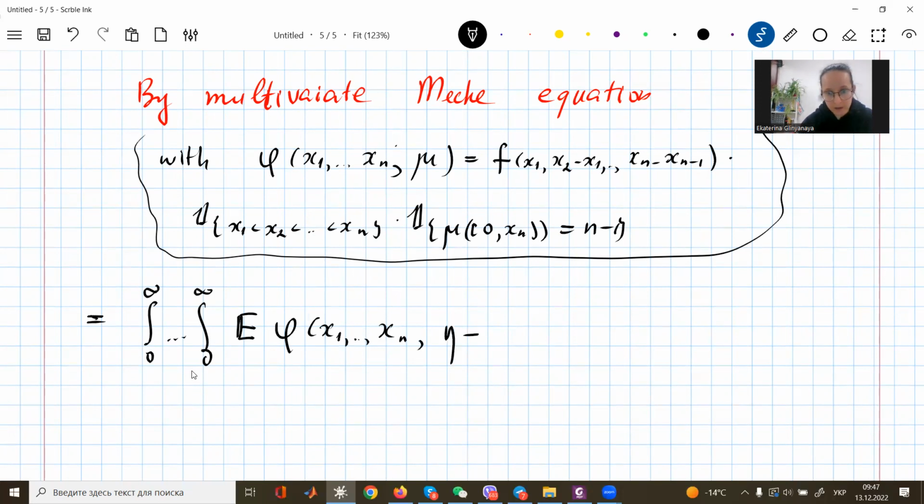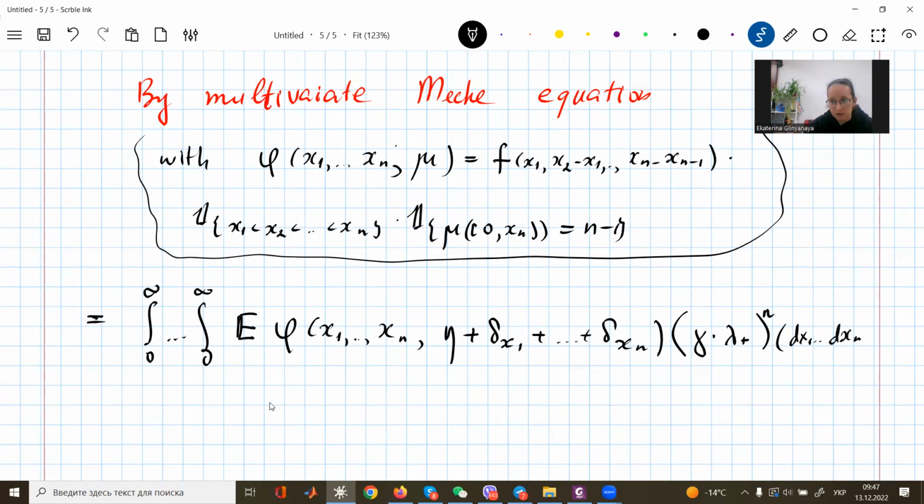Here we add delta measures at point x1 plus ... plus delta measure at point xn, and here I should write the power of the intensity measure. Now the intensity measure is equal to gamma times lambda plus to the power n, dx1 ... dxn.